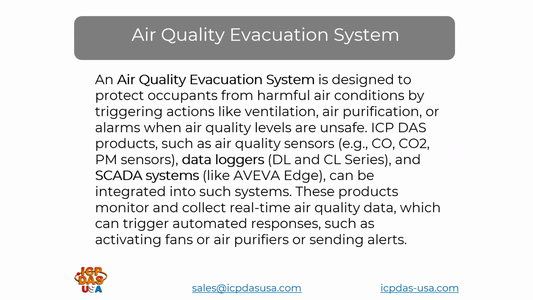An air quality evacuation system is designed to protect occupants by monitoring air quality and automatically triggering actions like ventilation, air purification, or alarms when pollutant levels exceed safety thresholds. ICP DOS products, including air quality sensors, such as those measuring CO, CO2, PM2.5, and VOCs, data loggers, CL and DL series, and SCADA systems like AVEVA Edge, form the core of such systems.